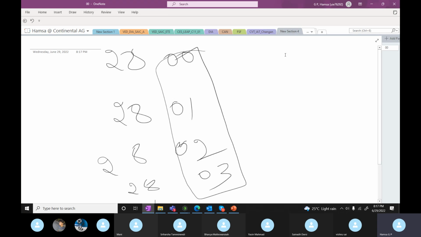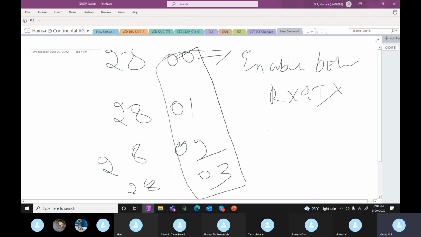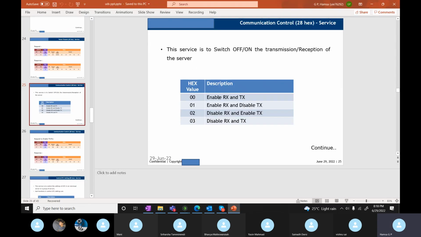Now I will write down: 00 means enable both RX and TX frames. Next time, whenever I ask, you have to tell me the response for this. In between I will ask to disable the TX, or disable the RX, or enable only RX, or disable only TX. Like that you have to tell me the request and response.